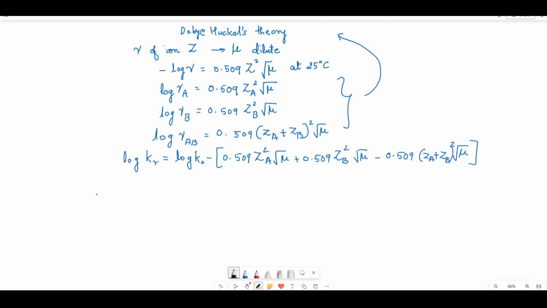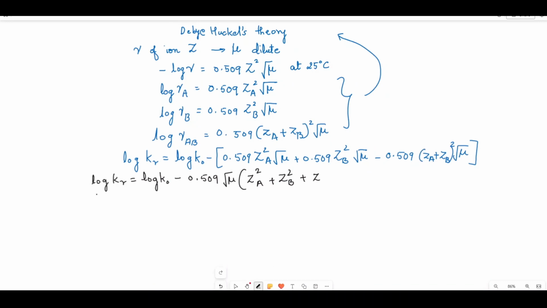On opening the brackets, log of Kr is equal to log of K0 minus, we will take 0.509 and mu as a common outside the bracket. What we are left with is ZA square plus ZB square plus ZA plus ZB the whole square.